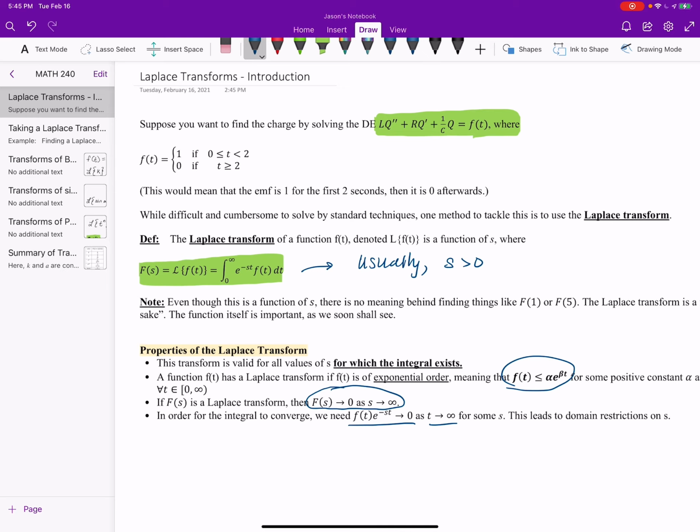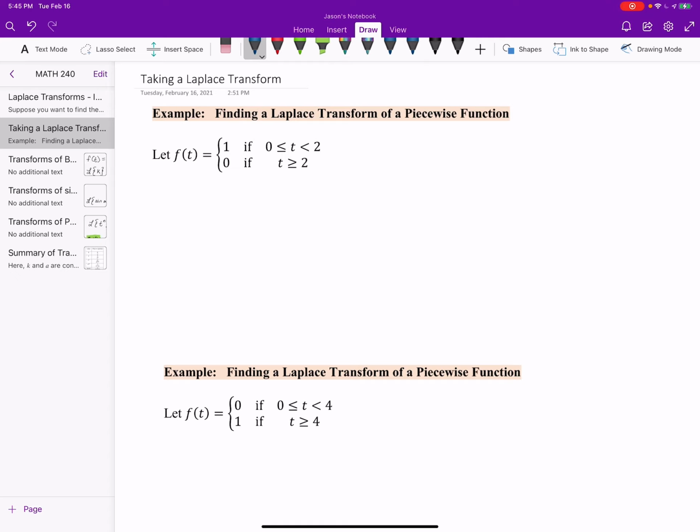So let's get into actually finding the Laplace transform of a few functions. And we're going to start out with piecewise functions because that's kind of the use of this thing. So here we go. Looking at this, we know the Laplace transform is the integral of the function times e to the negative st. So looking at this function here, this means that from 0 to 2, I'm integrating 1 times e to the negative st. And from 2 to infinity, I'm integrating 0 times e to the negative st. Well, integrating 0 times a function is just going to give you 0, so we don't have to worry about that piece.